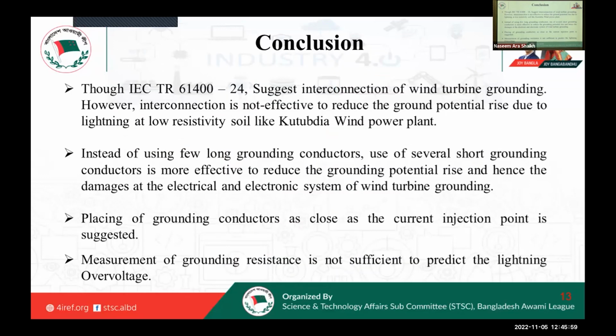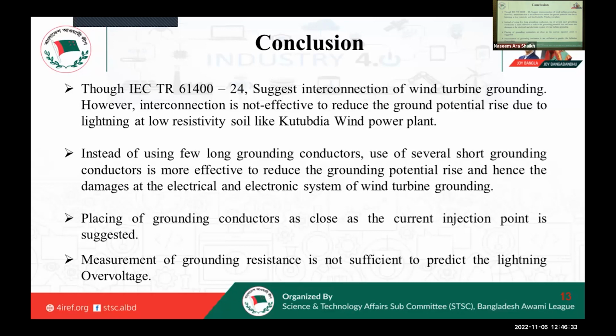So we are now nearly at the end of my presentation. The IEC technical committee suggests interconnection of wind turbine grounding at a wind farm. If there is a wind farm, several wind turbine groundings are generally interconnected in order to reduce the transient overvoltage rise. But this is beneficial only if the resistivity of the soil is very, very high, that is, if the wind turbine is located at a rocky place where the resistivity is high and the water content in the soil is very, very low.